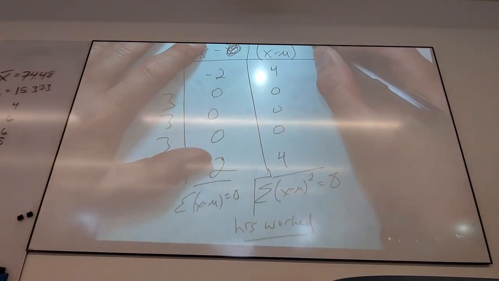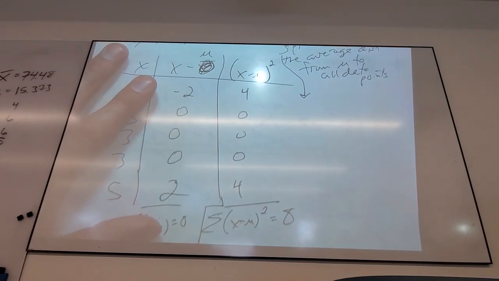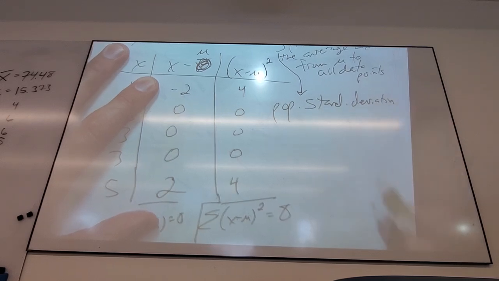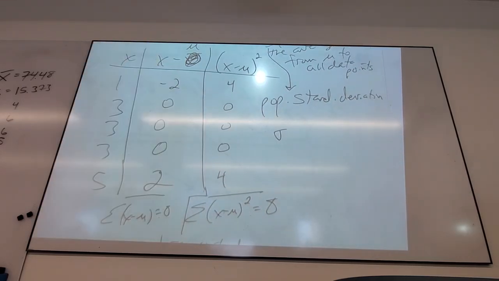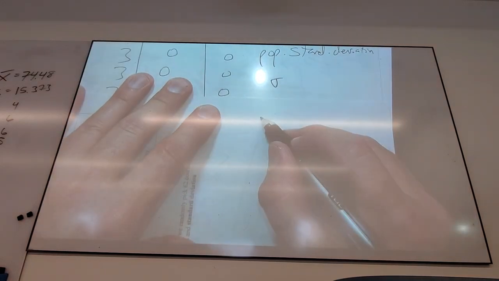So the official symbol for the population standard deviation is this. Let's all practice making that for a moment. I start at the belly, go around to the hat.